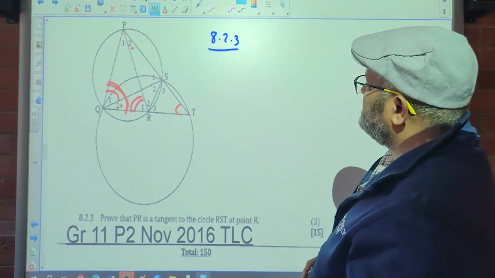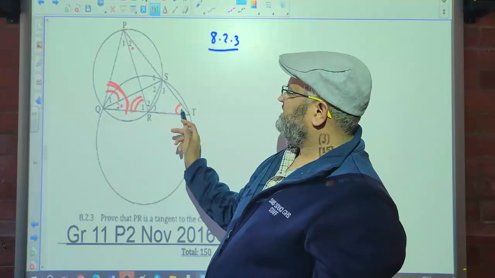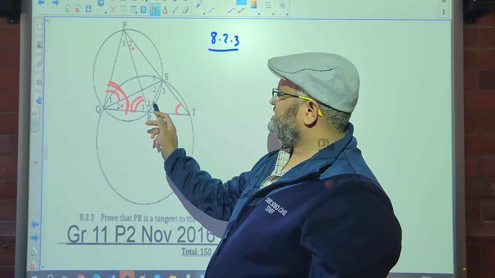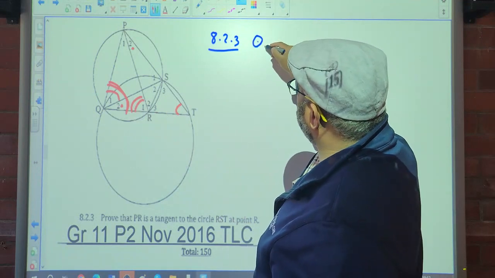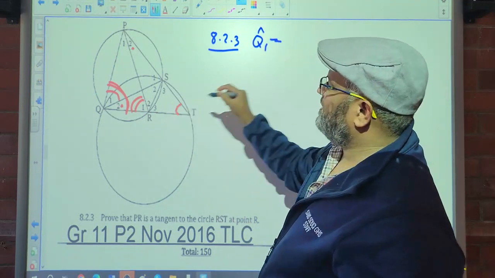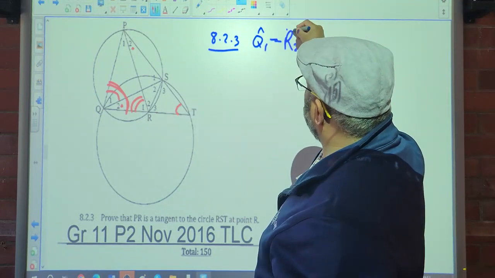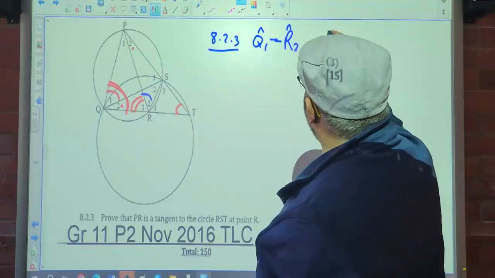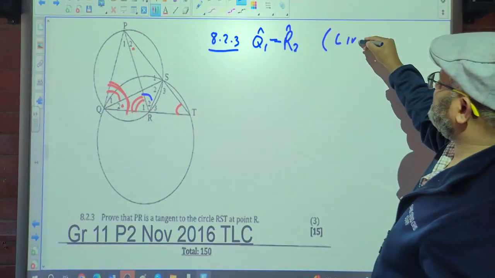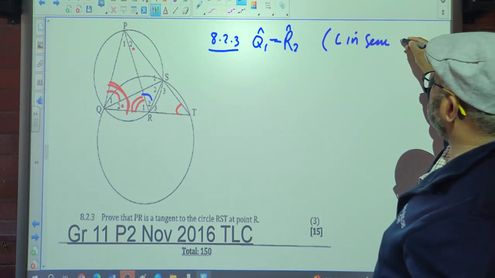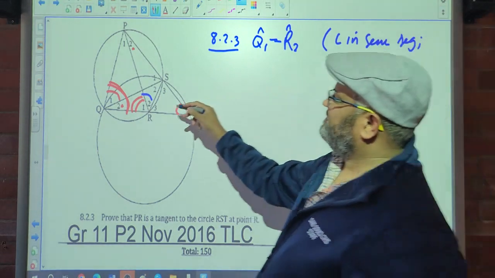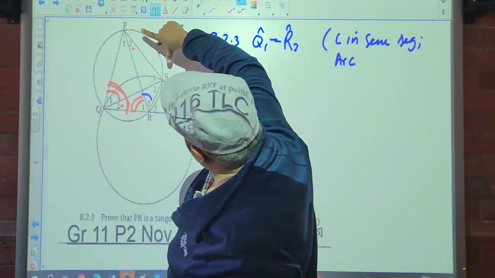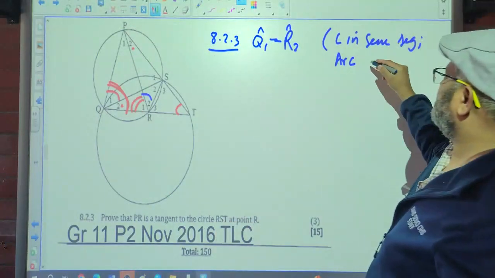So we just need to prove that angle T is equal to R2. But we know that Q1 is equal to R2. Why? Angles in the same segment, and it's coming from arc PS.